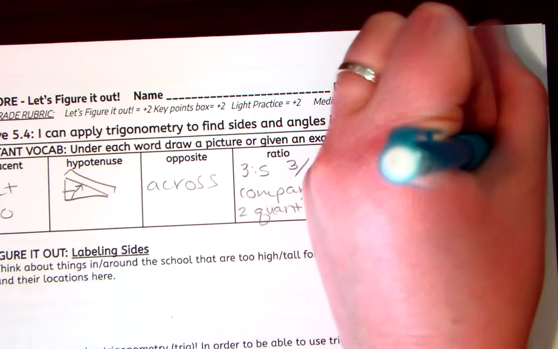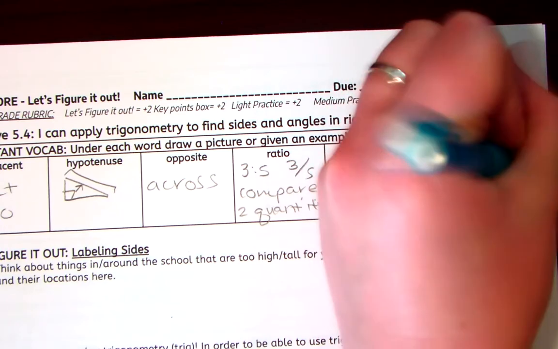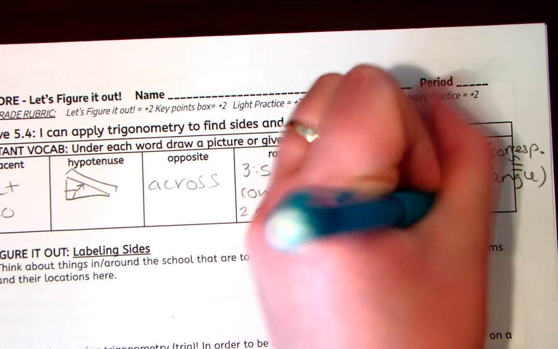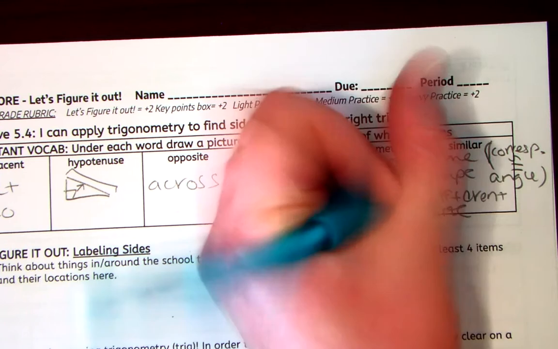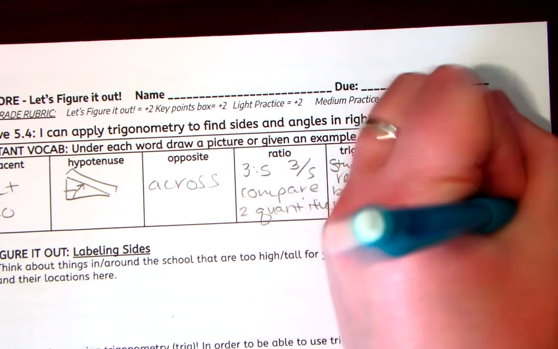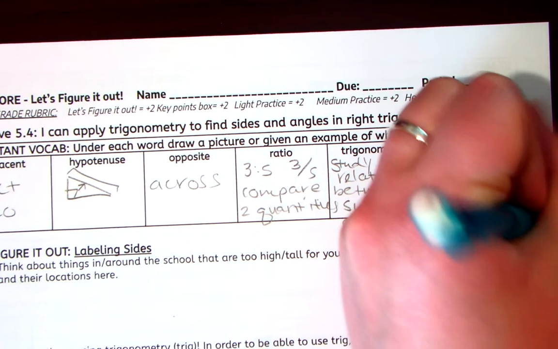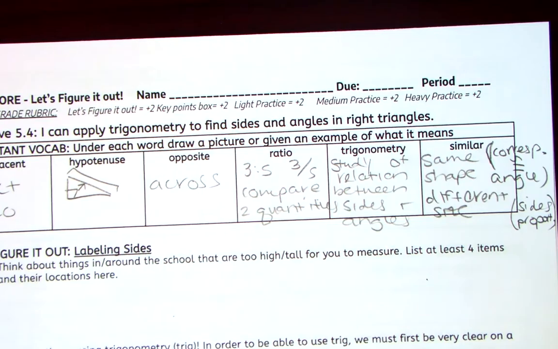So remember, that means corresponding congruent angles but a different size, which is basically when the sides are proportional. We'll go back to the 4.2 and 4.3 lessons for that stuff, okay?